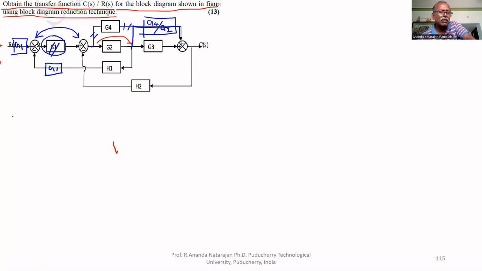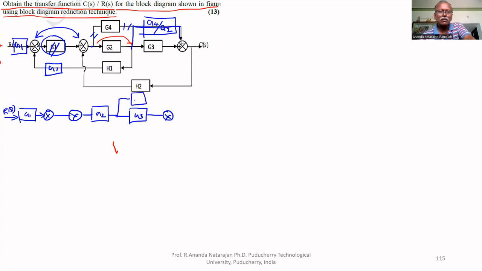Now the block diagram becomes: R(s), summing junction, G1, another summing junction, G2, G3, another summing junction. Here, this feedback becomes G4 divided by G2.